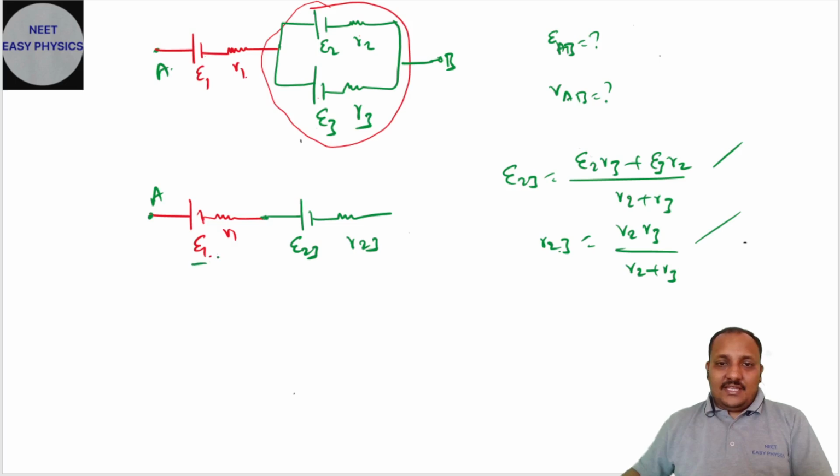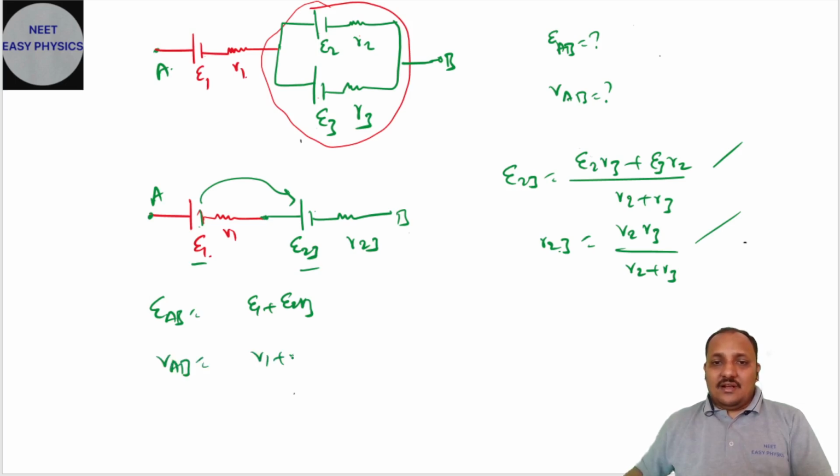Now again E1 and E23. See here, negative is connected with positive. Therefore, whenever negative is connected with positive, what is the equivalent EMF? These two are connected in series. Therefore, E1 plus E23. And what is RAB, the equivalent R? R1 plus R23.